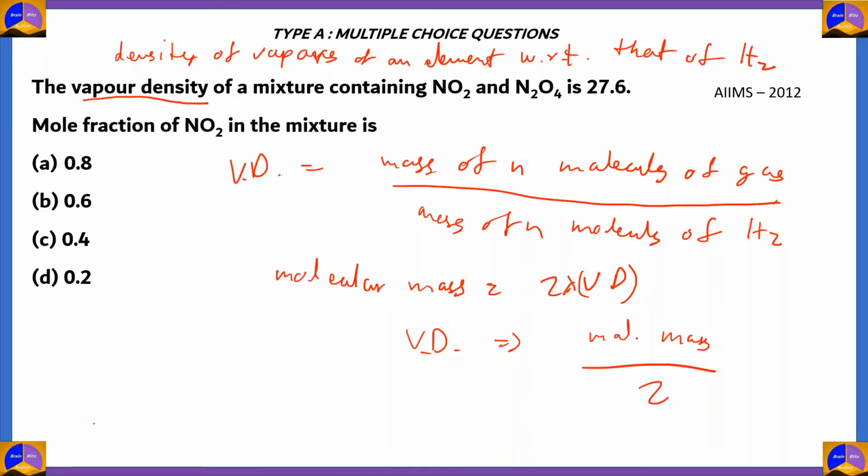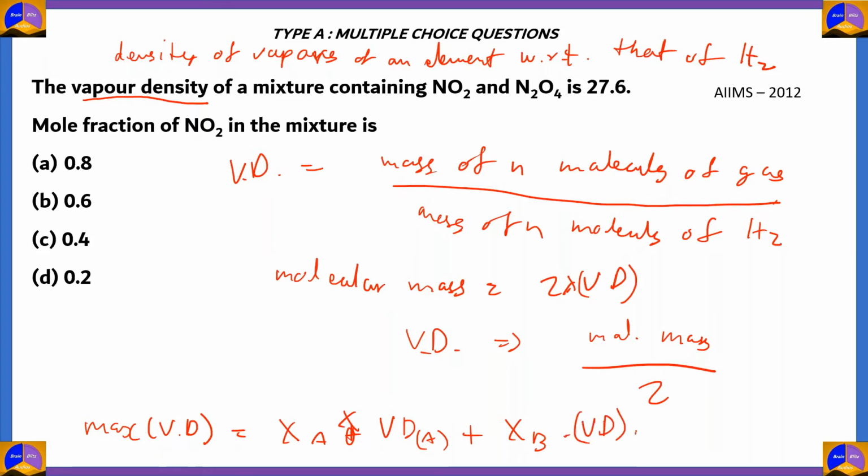And the other formula that you should be remembering, the main formula that we'll be using here, is the mixture vapor density, that is the vapor density of the total solution, will be equal to XA times vapor density of A plus XB times vapor density of B, and so on.